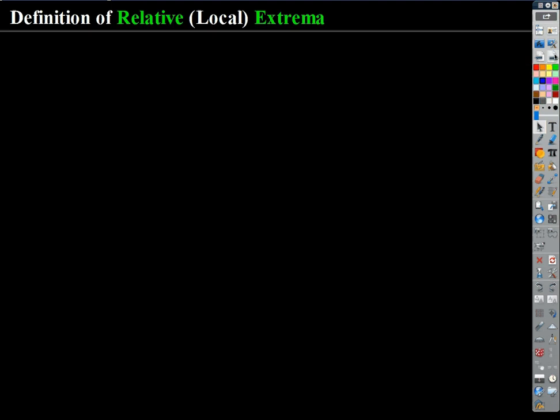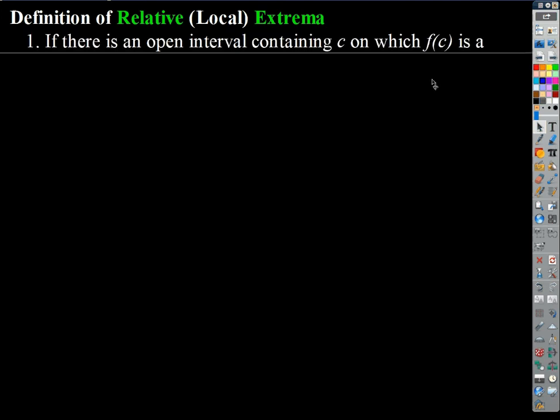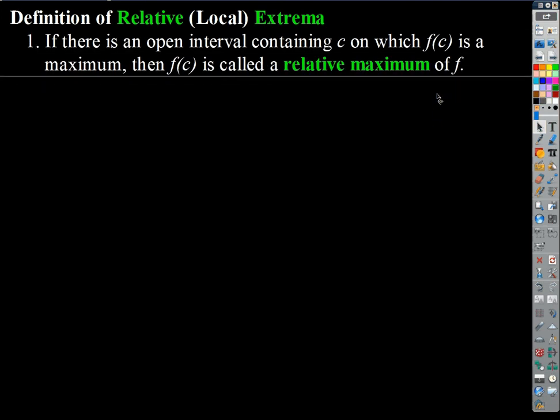So, the definition of relative, sometimes called local, extrema. If there is an open interval containing c on which f of c is a maximum, then f of c is called the relative maximum of f.